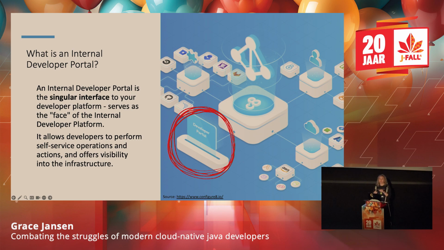And there are lots of tools that can enable us to create this single UI, this portal. There's a lot more tools available that I'm going to talk about to enable the portal because it is a tangible physical UI, sometimes it can be a service catalog, for example, but it's a tangible thing that we can make and interact with. The IDP, on the other hand, there isn't really a single tool that I can recommend for that.